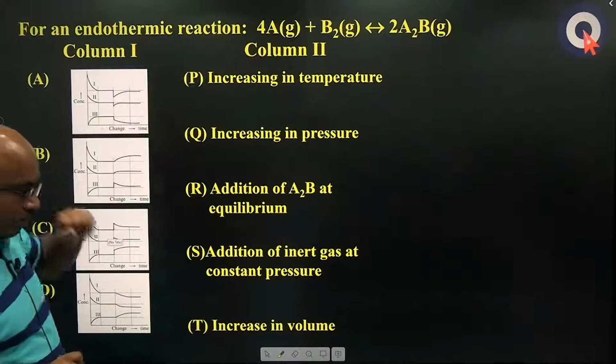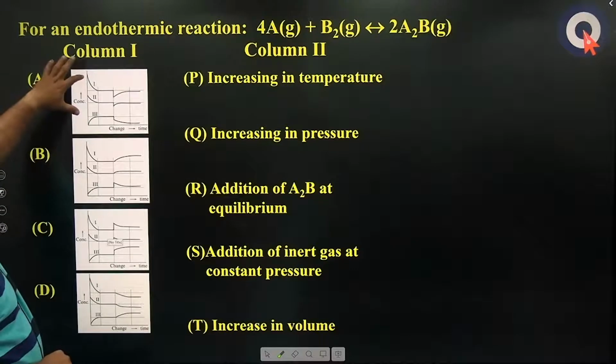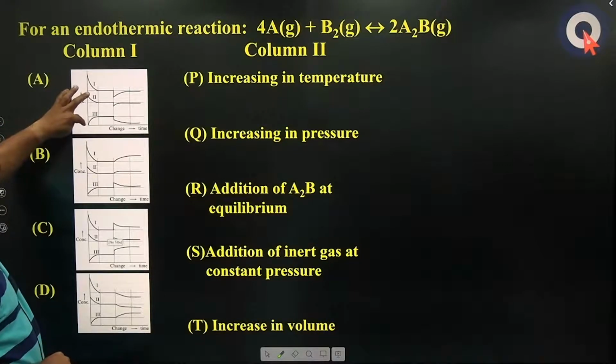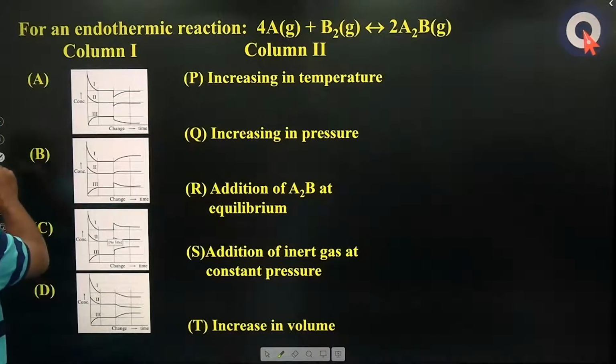It is an endothermic reaction. So already we started with A and B2, and the concentration of the product A2B is 0. So it is increasing, these two are decreasing. So what is this representing?